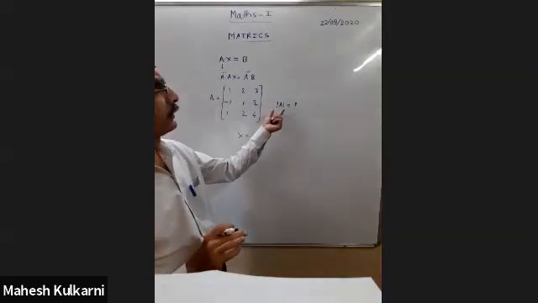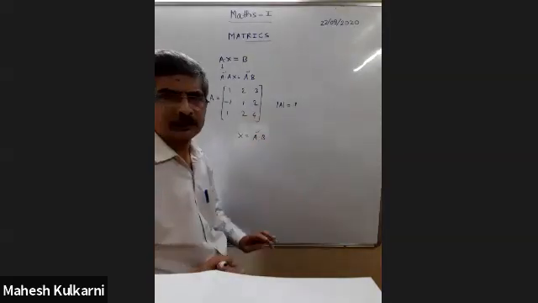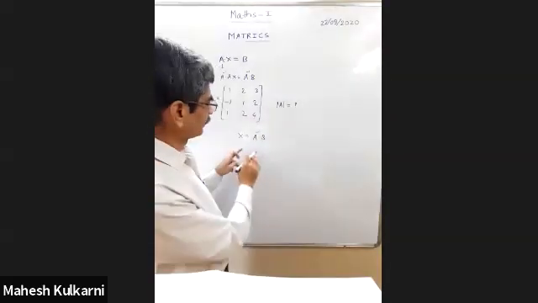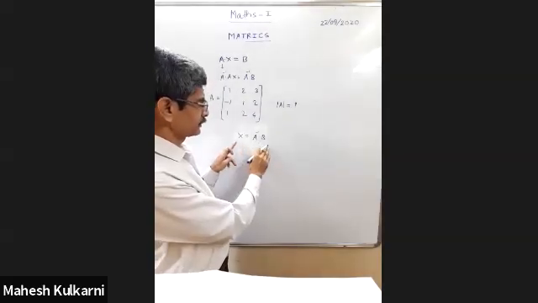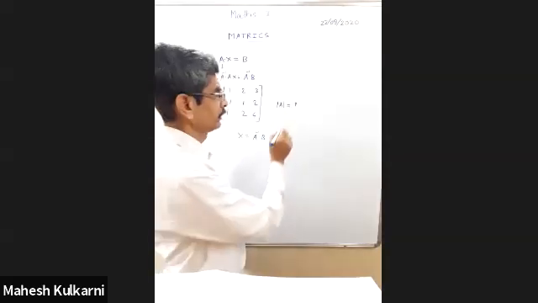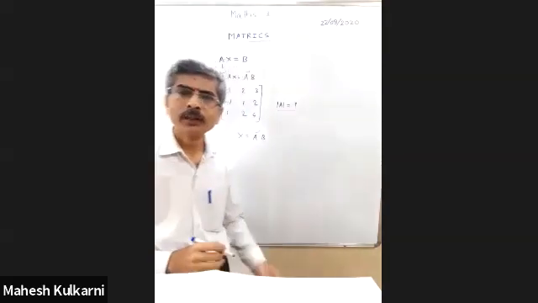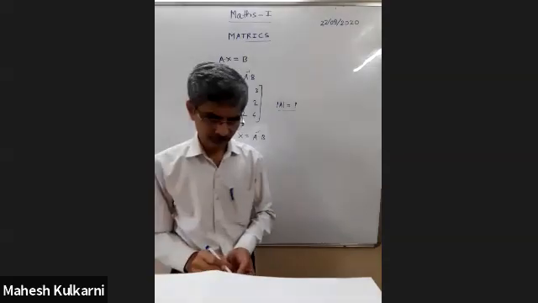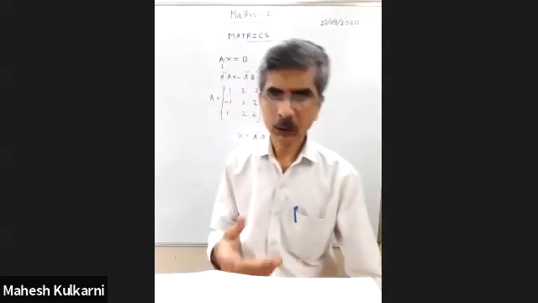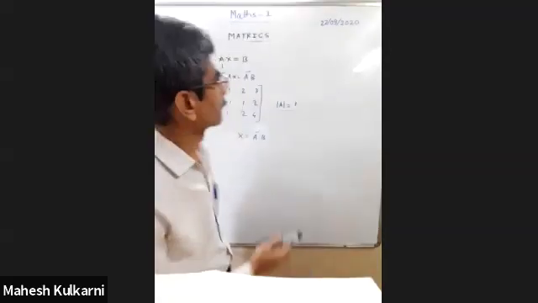Make the correction here. Remaining part, everything is correct: adjoint, the method, pre-multiplication, A inverse B. But we have to make the correction only in the value of determinant of A. Okay, I hope you can do this.